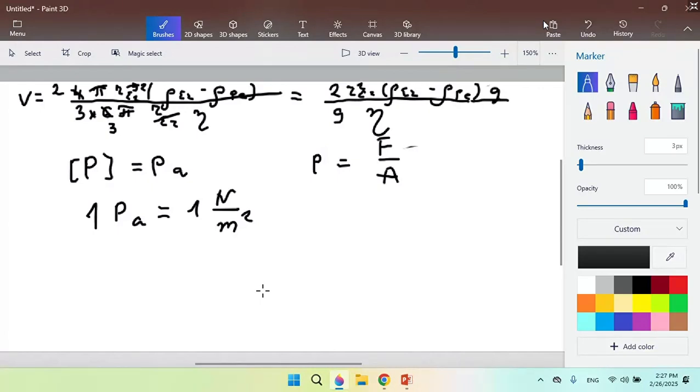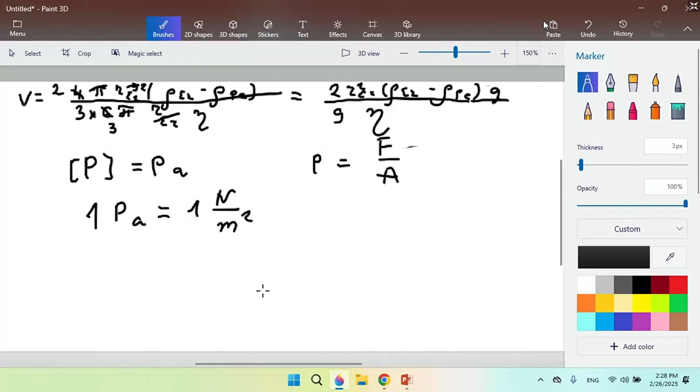We also discussed how to calculate pressure within a fluid using a simple equation. The pressure at some point in a fluid is called absolute pressure. It is equal to the atmospheric pressure plus hydrostatic pressure.